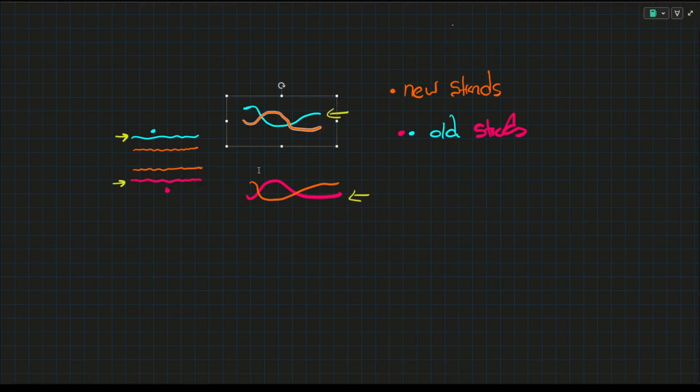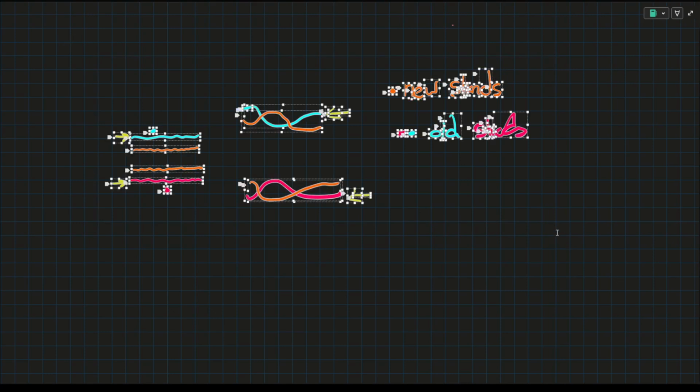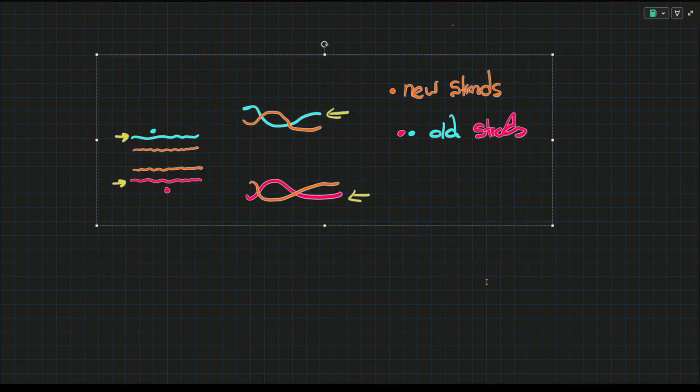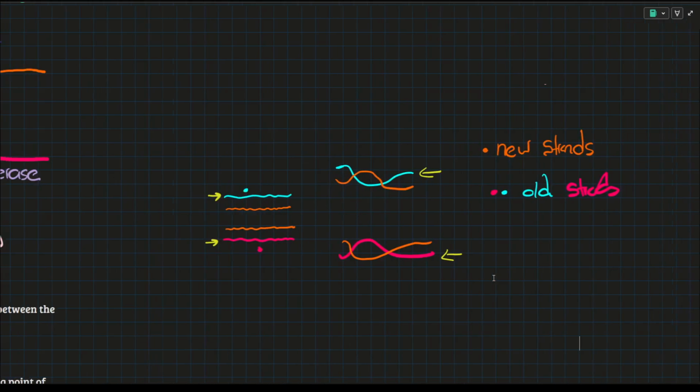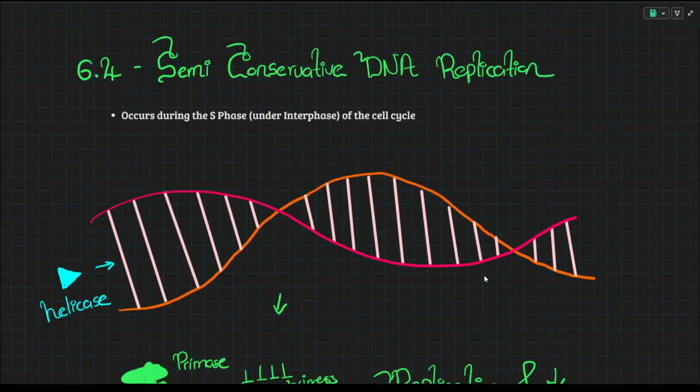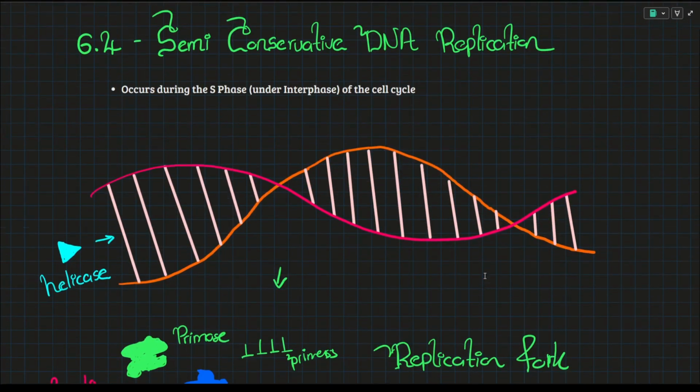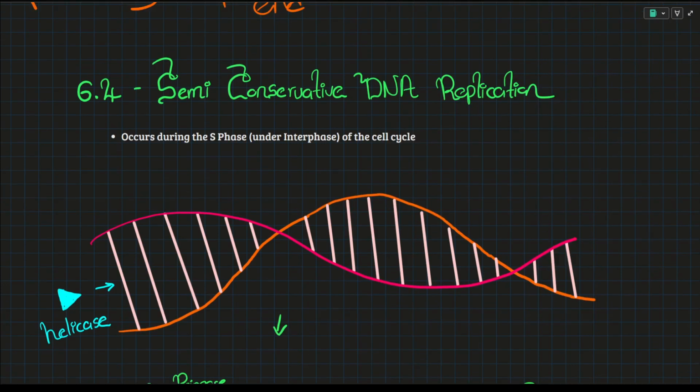A new strand is formed, in each case the orange color, and the old strands are still in the DNA itself. That's the idea of the semi-conservative nature of DNA replication. Every single time DNA replicates, it will have one half of its original DNA strand.